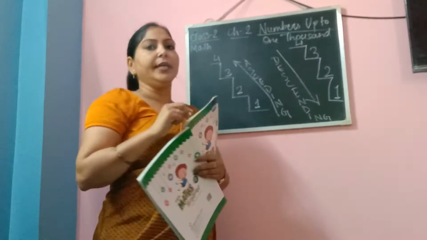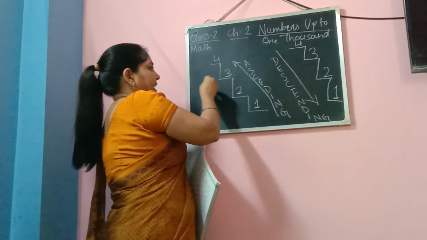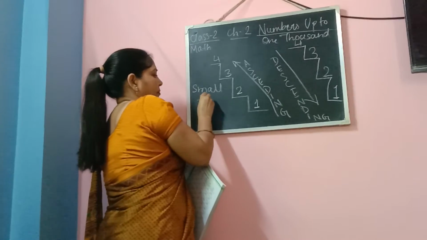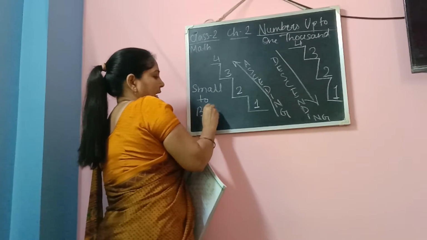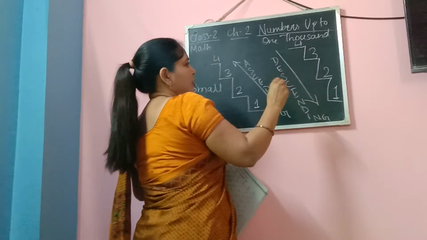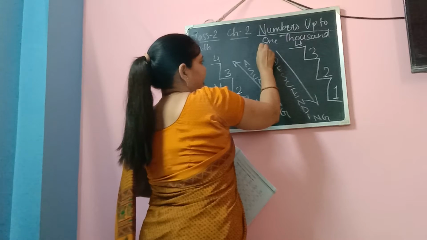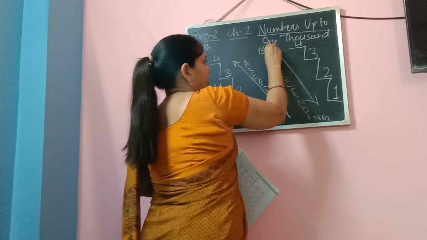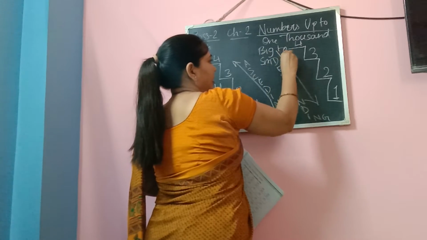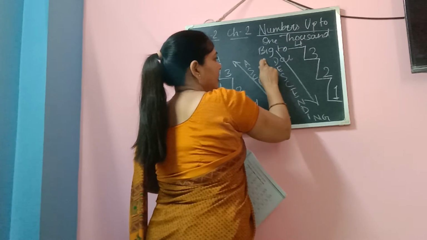Okay. So in other words, we can say ascending order means small to big. And descending order means big to small. Let me write here.